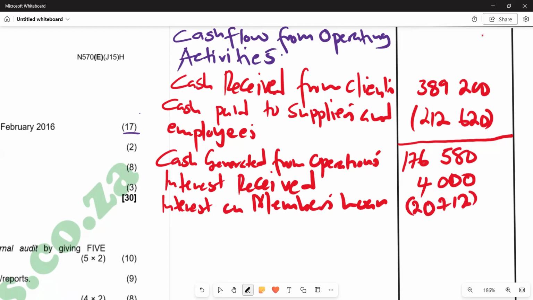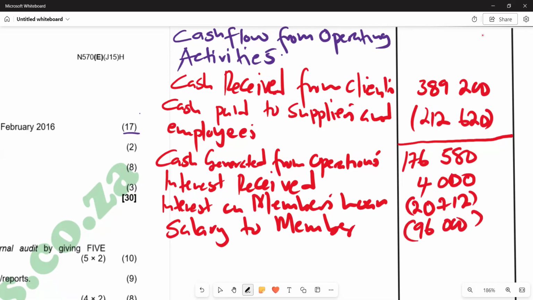Then also salary to member. The figure of salary to member that we are having there under the statement of comprehensive income is 96,000, and we are saying also it's an outflow, so we're going to show it as a negative.